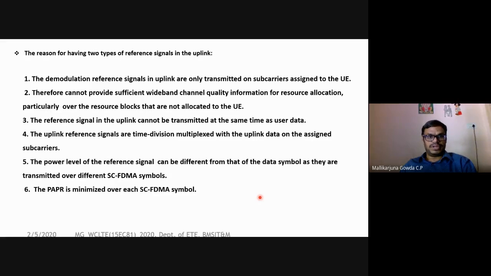And as I said, the power level of the reference signal will be different from that of the data symbol, as they are transmitted over different SC-FDMA symbols. With that, the PAPR, that is peak to average power ratio, is minimized over each SC-FDMA symbol. So this is the reason.